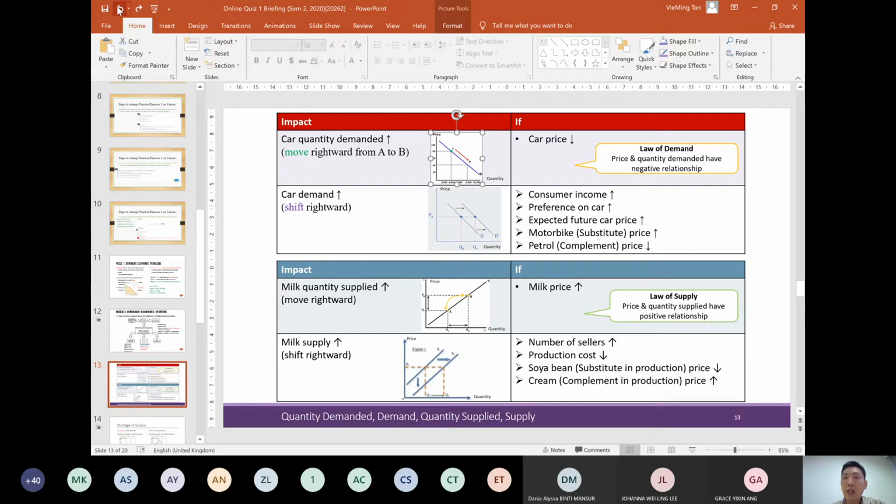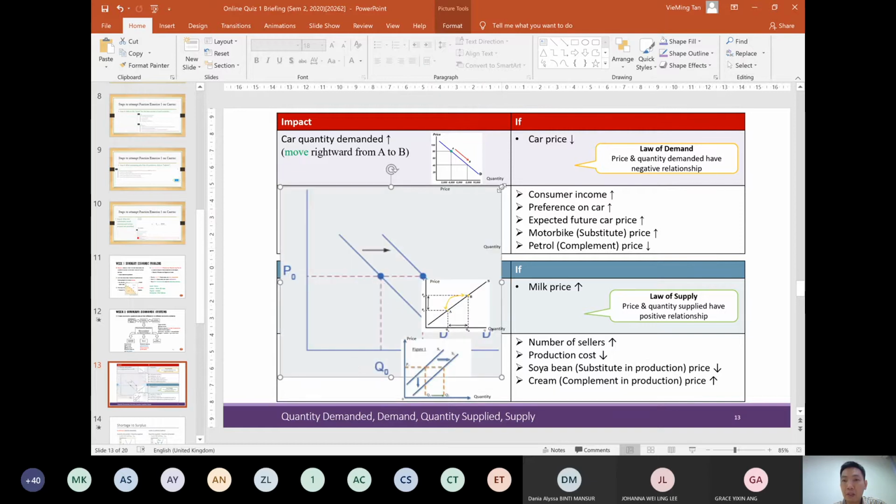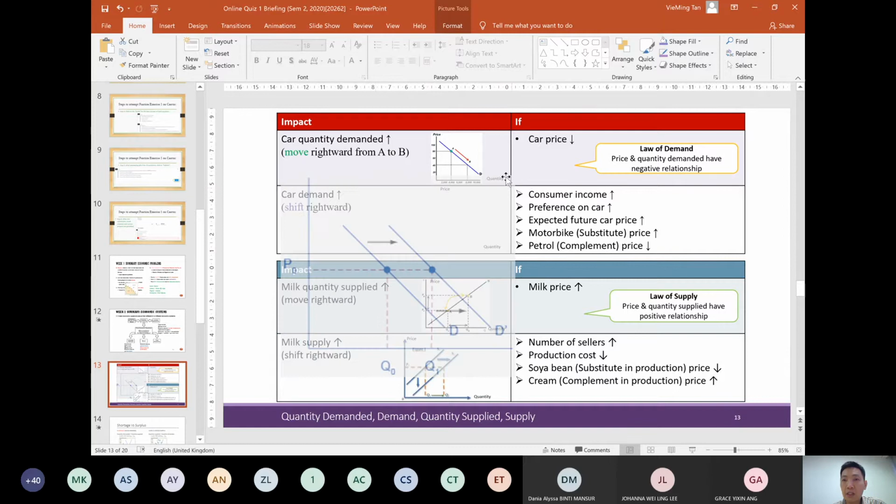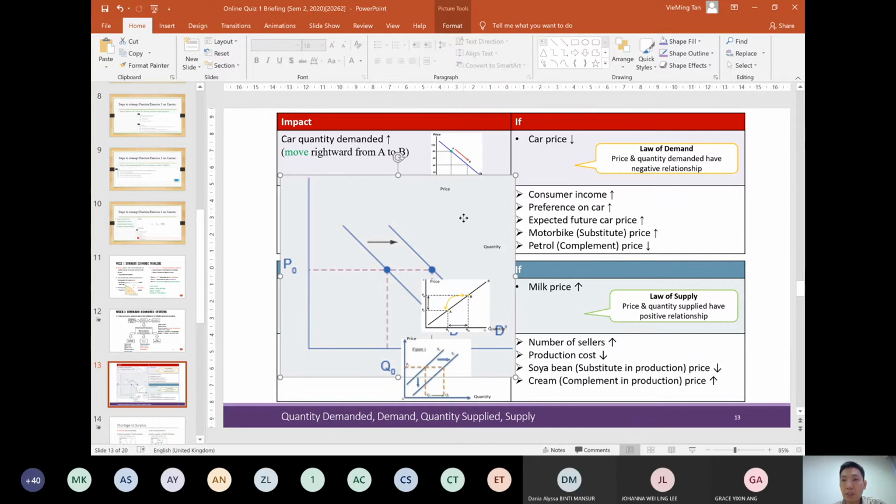There are a few factors that will shift the demand curve to the right hand side, or we call it a rightward shift. I use the car as an example again. Do you know what factors can shift the demand curve to the right even though the price remains the same? Let's say the car price remains the same, but there are a few factors that can shift the demand curve to the right.